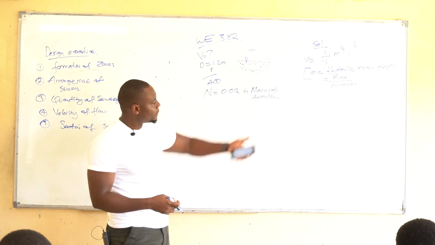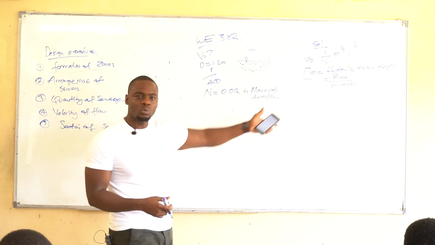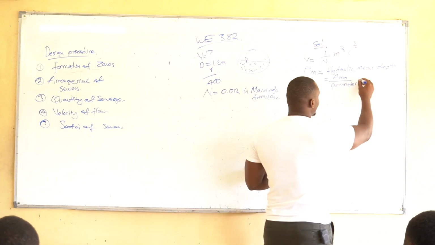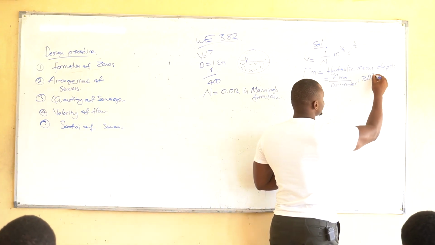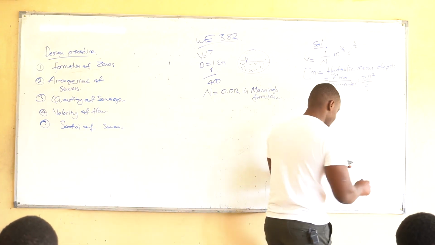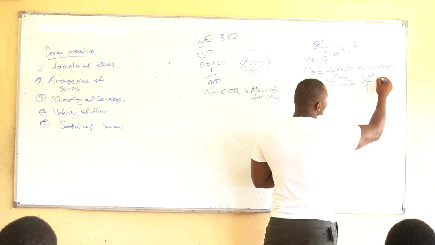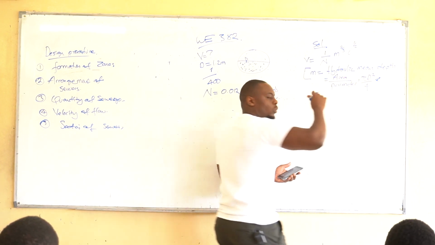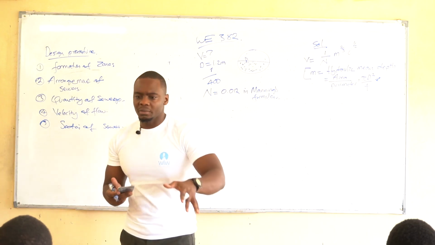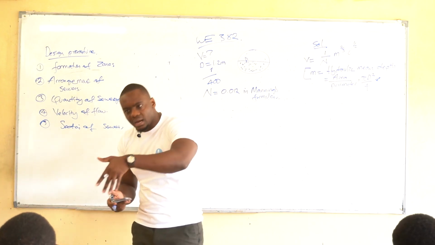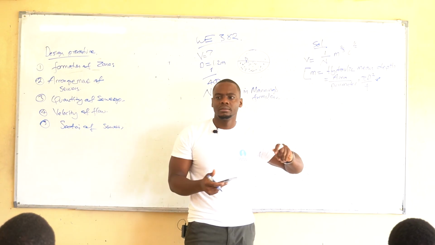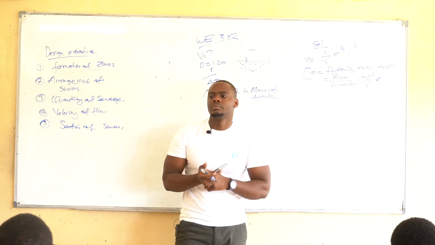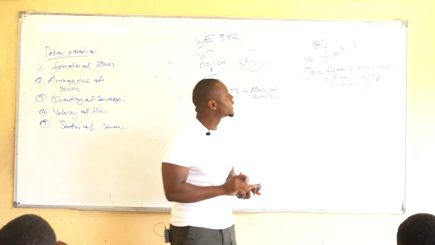Okay, but then there's a way you can simplify this. What's the formula for area? Pi d squared over 4, right? If we're going to divide this, what's the formula for a perimeter? Not with an r, but with a d. Okay, the one that we know.